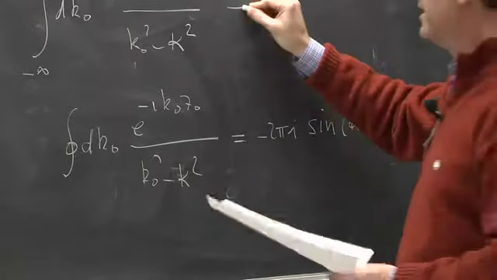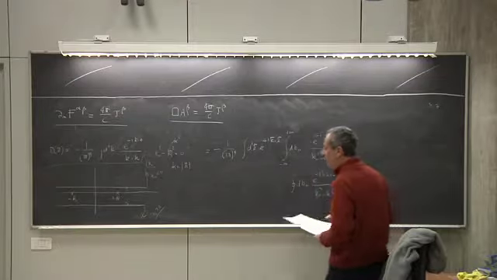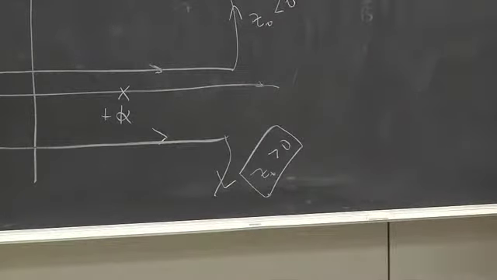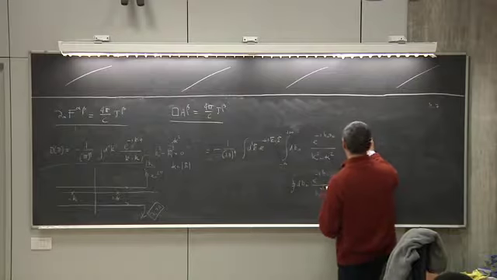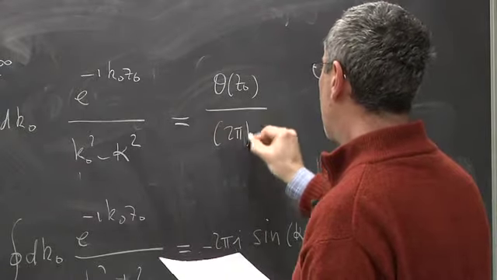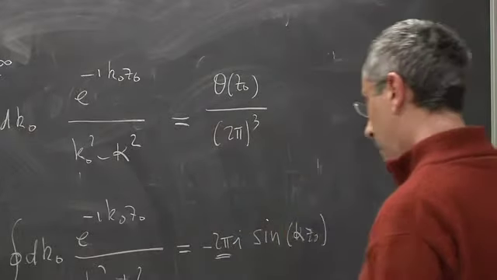So the entire integral, and you see I took this path here, so I took z naught always larger than 0, so I get outside a theta function for z naught, divided by 2 pi to the cube, because a 2 pi gets absorbed here.